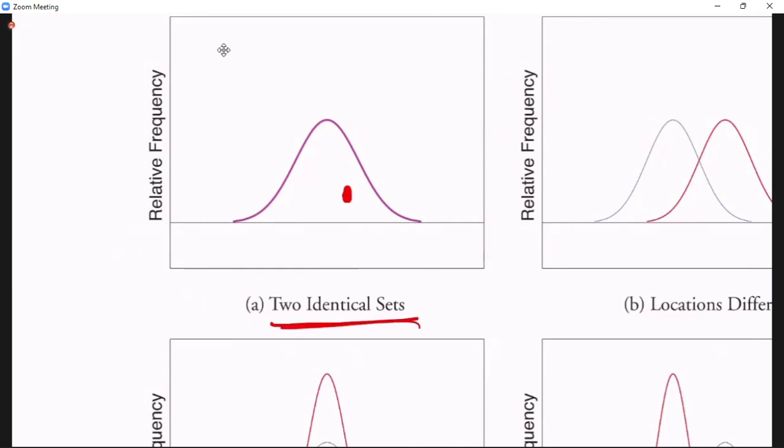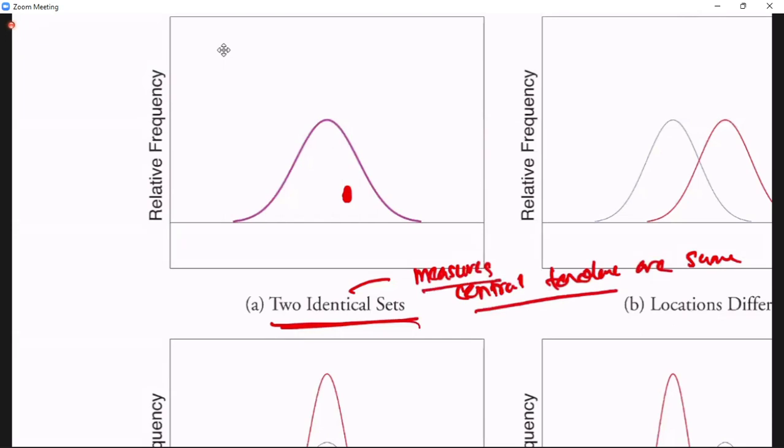Here, identical sets means the measures of central tendency are the same. What are the measures of central tendency? Mean, median, mode. And there are measures of variability.